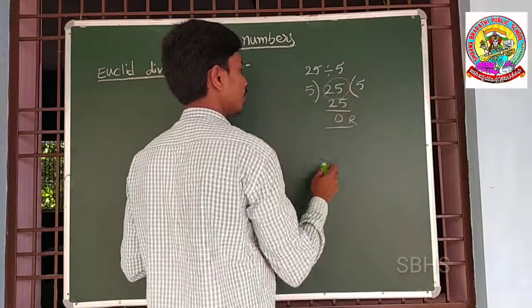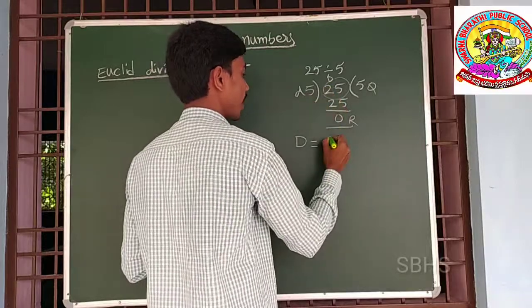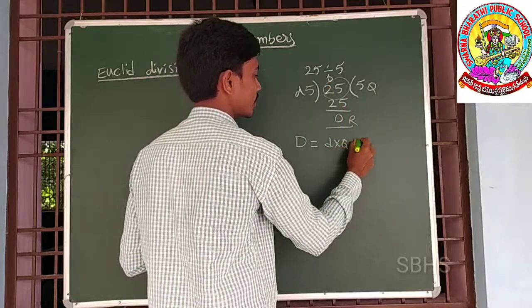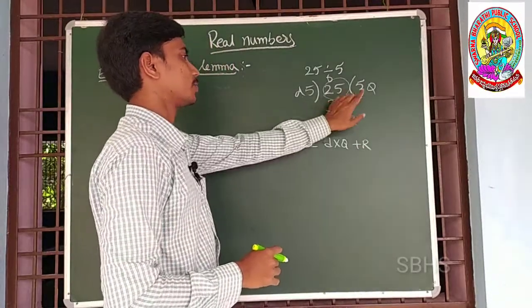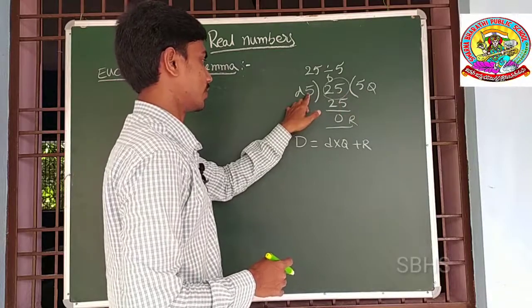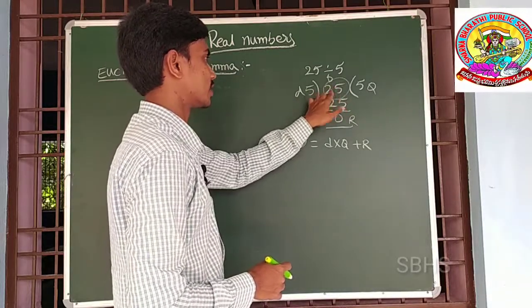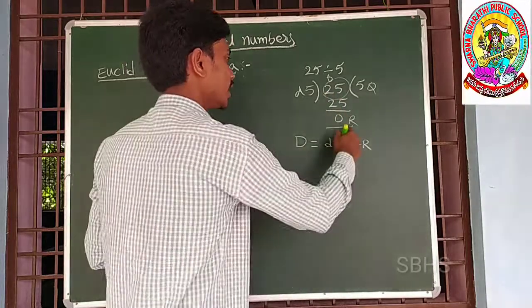Dividend is equal to divisor into quotient plus remainder. Here the product of divisor and quotient gives the dividend by the addition of the remainder.